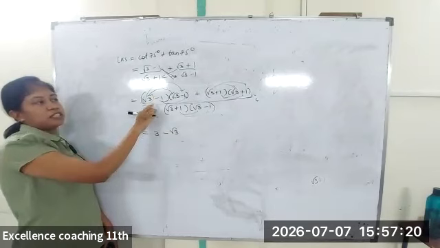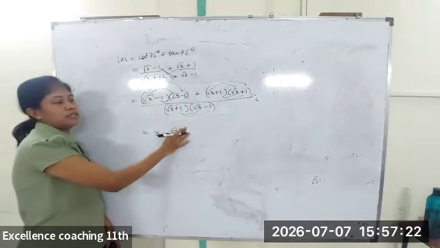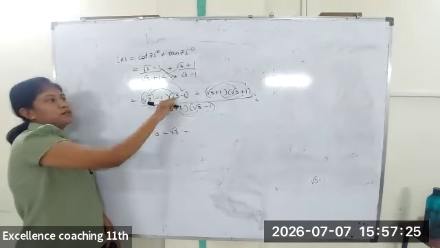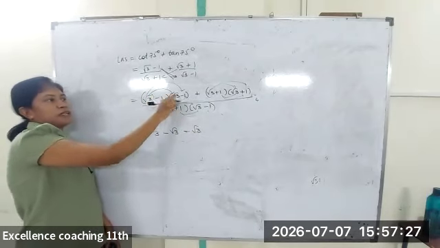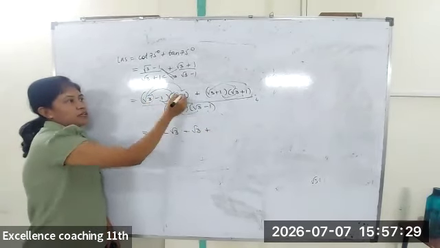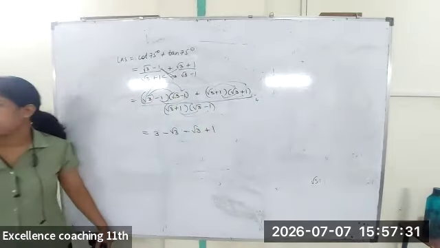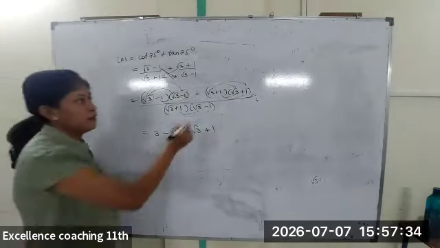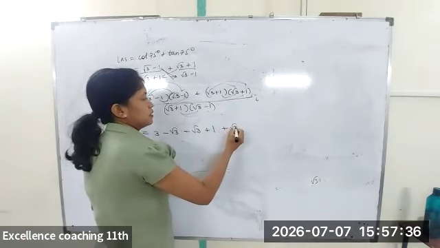Now, deal with the signs first. Minus into plus is minus root 3. Minus into minus plus. 1 into 1 is 1. Then, again, these are all plus.